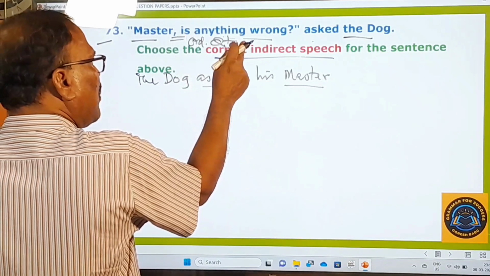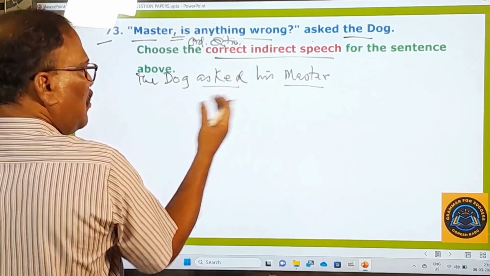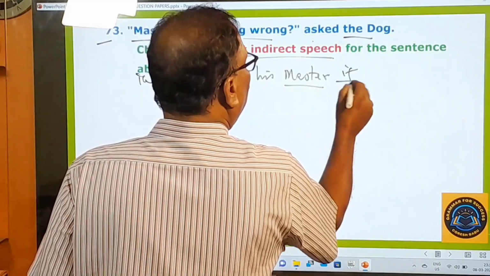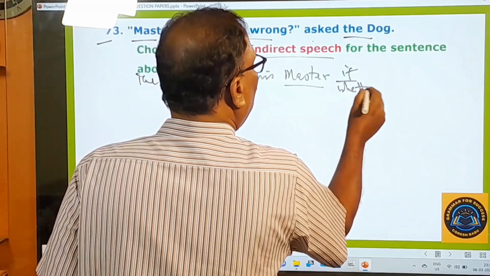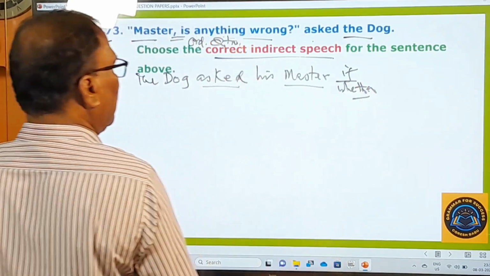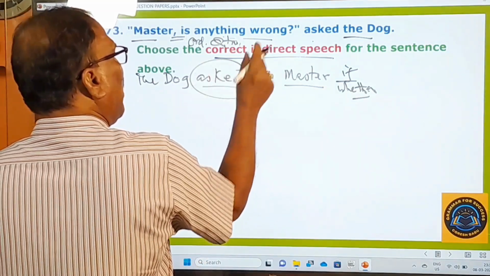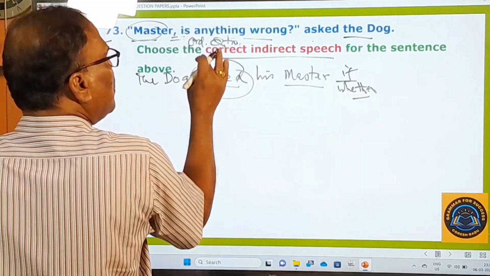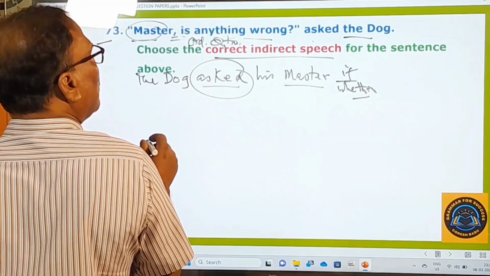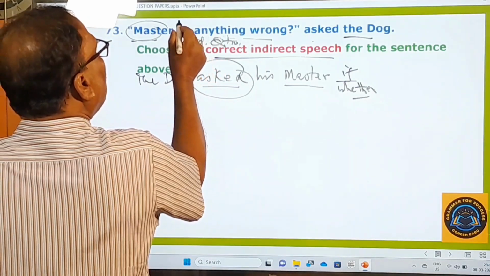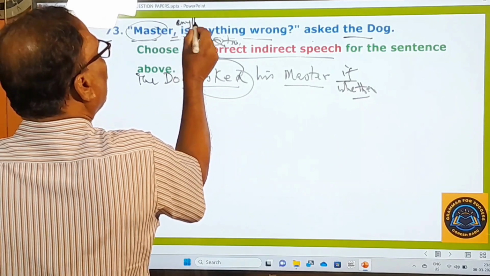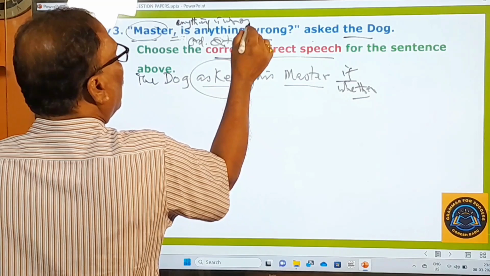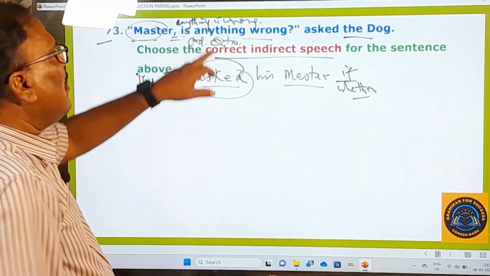Whenever there is an ordinary question, to change it into indirect speech, you must use if or whether as a connecting word between the reporting verb and the direct speech. And "is anything wrong" is the question. Now change it into the right sentence order. What is the right sentence order? Anything is wrong. This is the right sentence.